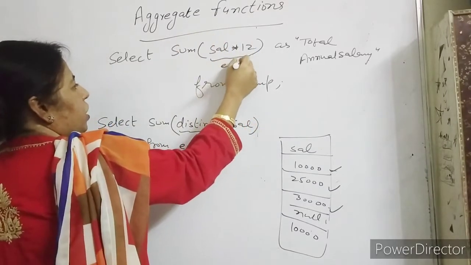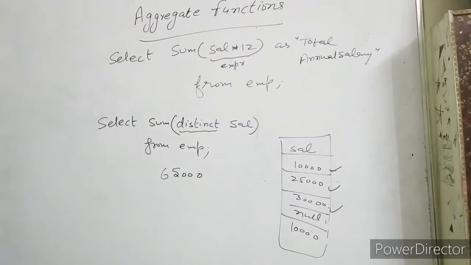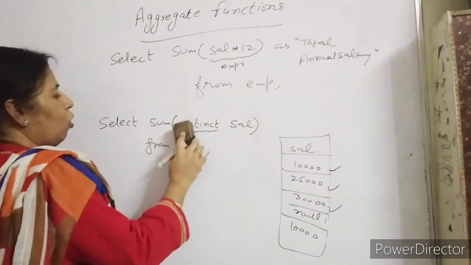This is called an expression. I multiply the salary column with 12. It means this column does not exist in my table. I temporarily created the sal multiply 12 column and then calculated the sum. Clear? This is the expression I have used in the aggregate function. Clear? Next, you can use ALL here also.